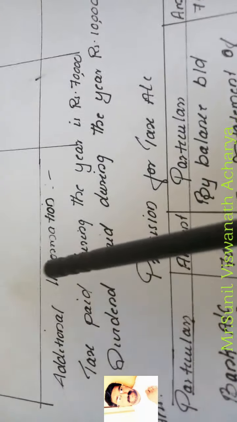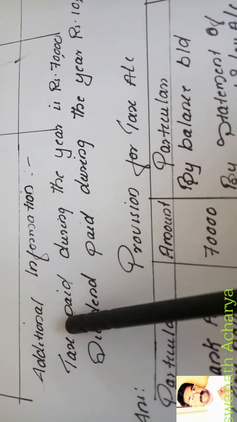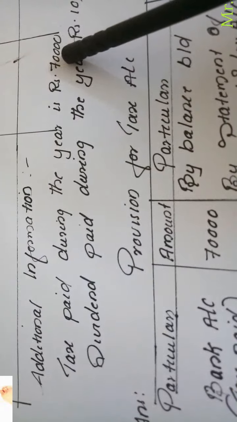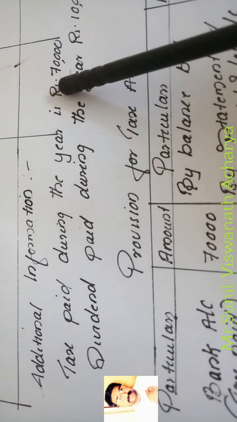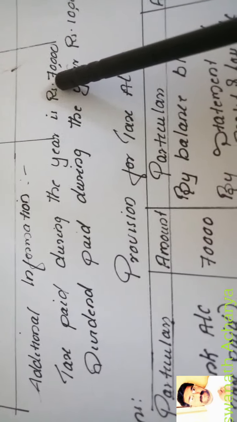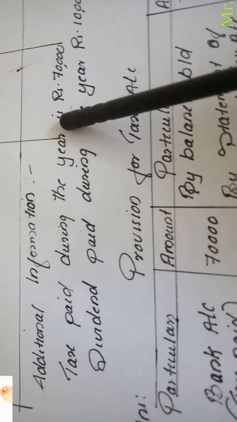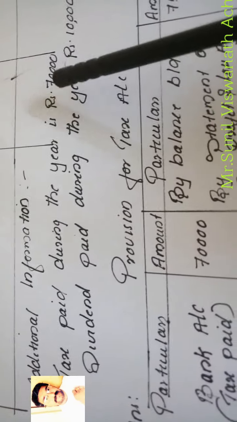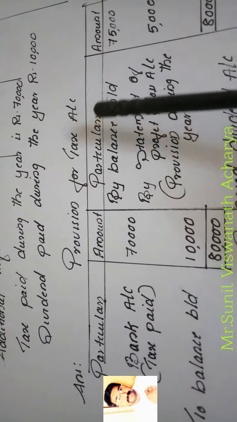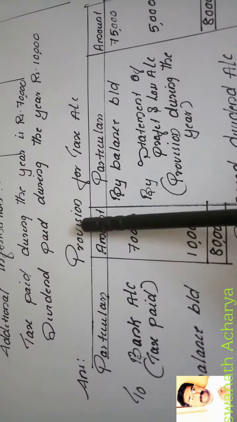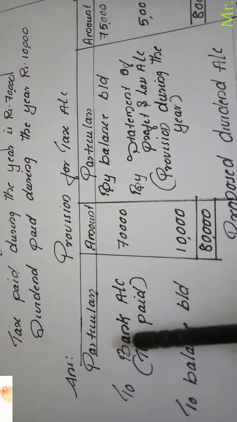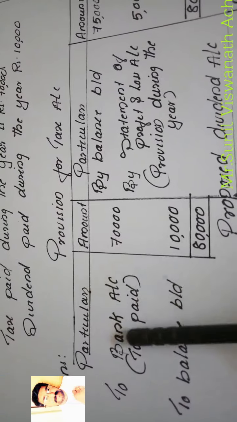Now see the adjustment. In the adjustment, tax paid is given: 70,000 rupees. Whenever tax paid is given, generally the entry is tax account debit to cash or bank. So when you prepare the provision for tax account, it will be provision for tax account debit to bank account, tax paid.